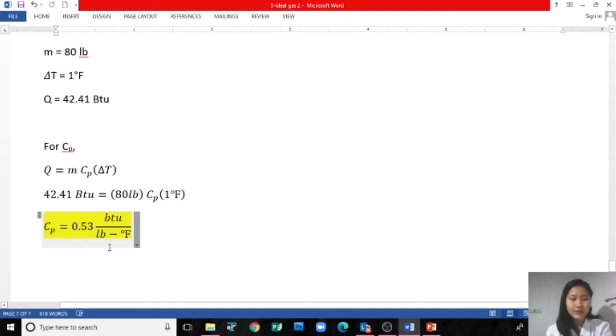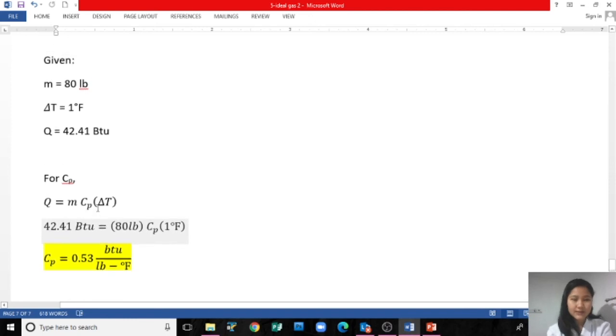So in this problem, heat is transferred to the substance since Q is greater than 0.